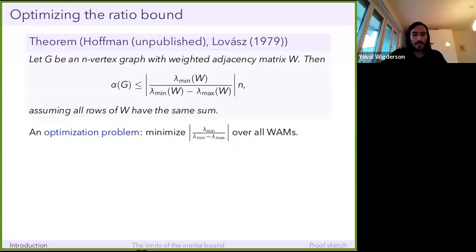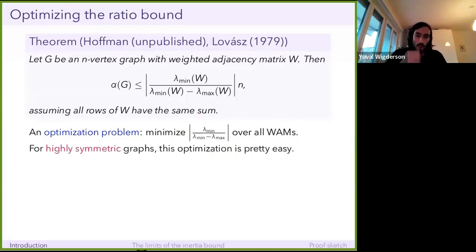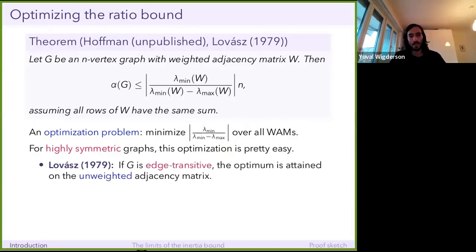And it turns out that this is actually a fairly well-behaved optimization problem. In particular, if your graph happens to be highly symmetric, this is fairly straightforward. For example, a nice result that Lovász proved is that if your graph is edge transitive, then this minimum is attained on the unweighted adjacency matrix. So if your graph happens to be edge transitive, then you don't even need to consider the weights at all. The unweighted bound is the best you could do.